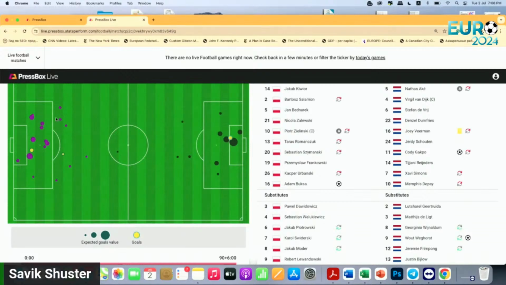But that tells you the attacking possibilities of Holland when they go behind. Now, Poland is a team a little bit less, I would not say organized, but less tough, less solid than Romania is.